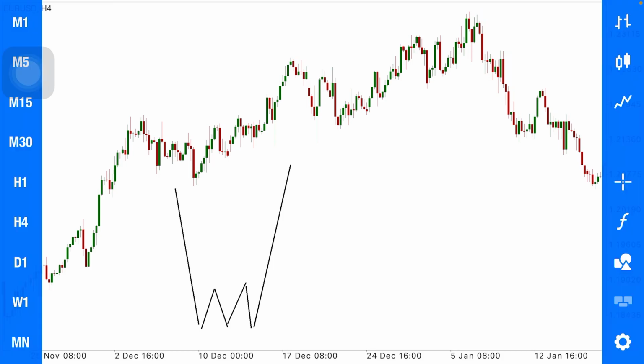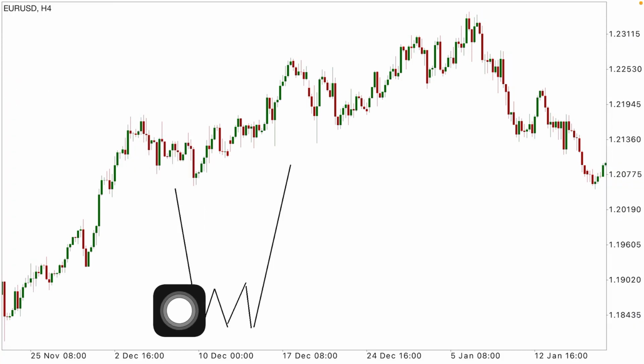So this is your drop base rally demand zone.